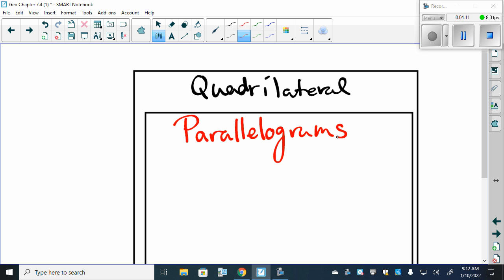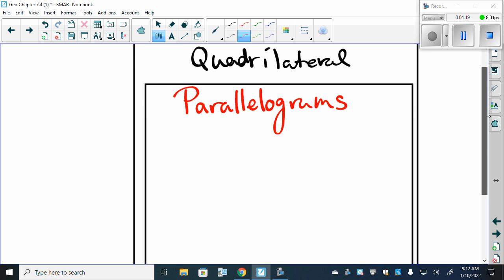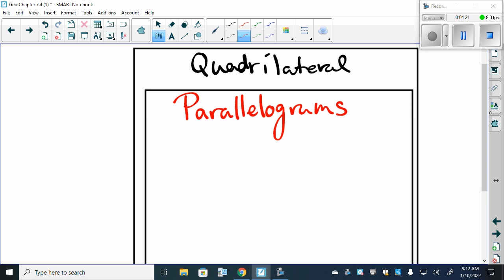So if we have a four-sided figure with two sets of parallel lines, it is a quadrilateral because it has four sides by definition. But when we're categorizing them, we're going to call it a parallelogram because that is the most specific definition for that figure. It does have four sides, but because we know it has two sets of parallel lines, or we can prove from what we did last week that it is a parallelogram, we're going to call it that.